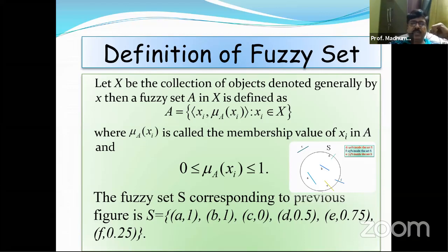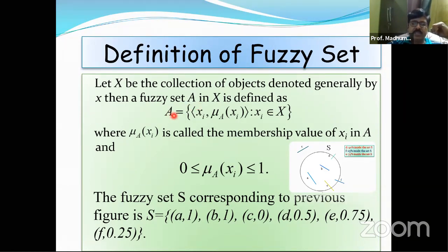Here, capital X is a collection of all the objects we have considered, and capital A is a subset of the universal set X.